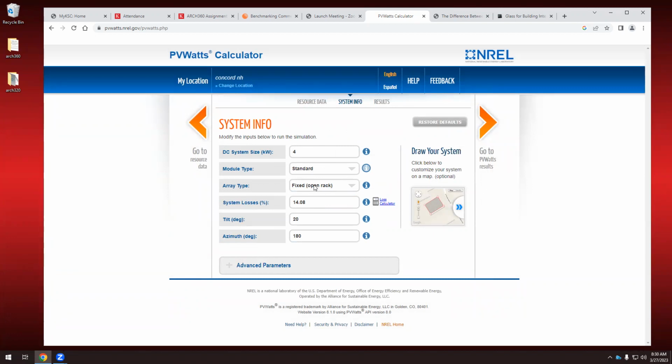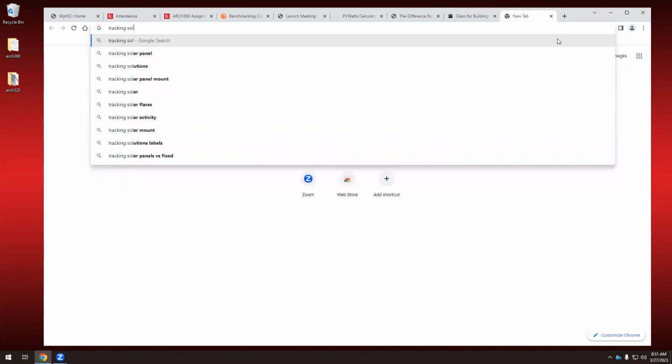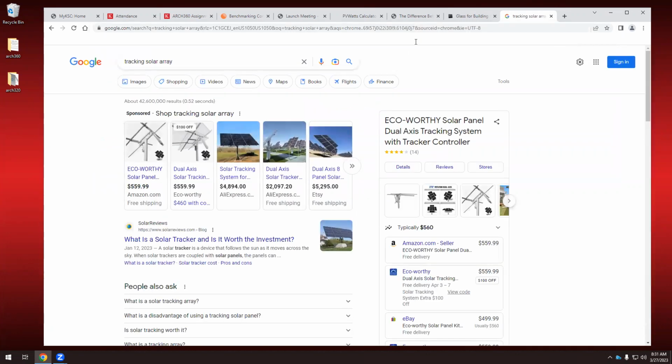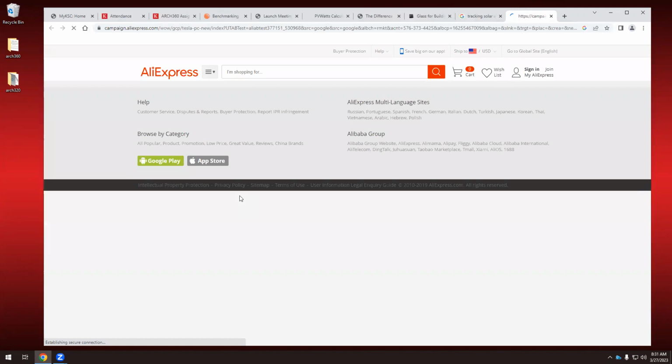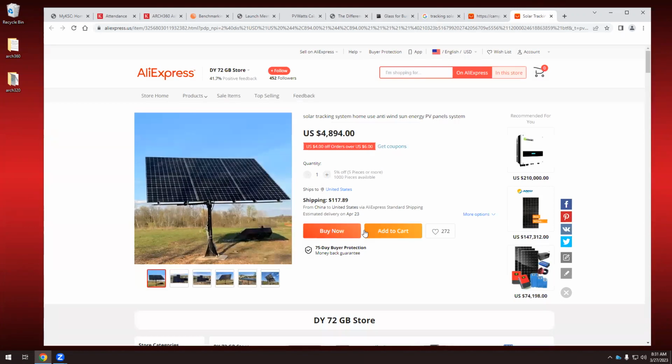The array type: we have the open rack, roof mount, or axis tracking. Well, the tracking is something very expensive that usually we don't have in buildings. A tracking PV array needs a device like this that moves as the sun moves, so that the PV array is always perpendicular to the sun.